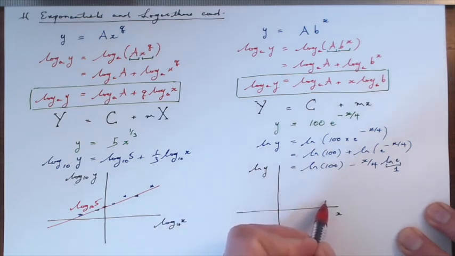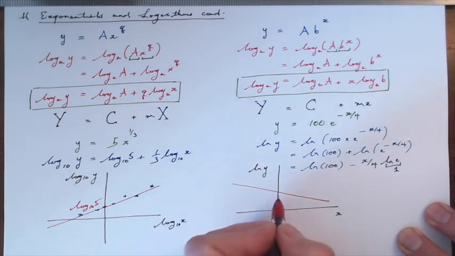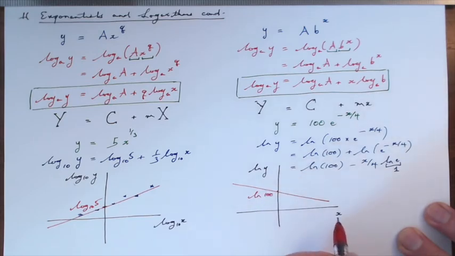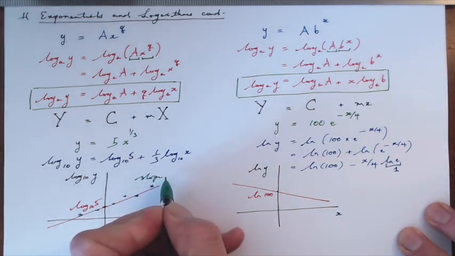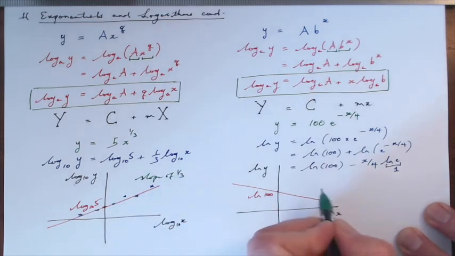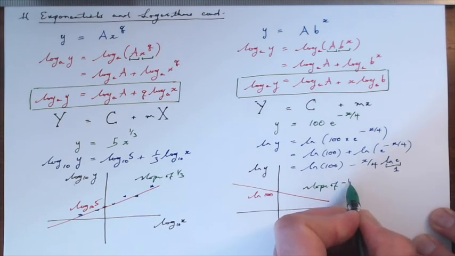Okay, so it looks something like this. And this value here is natural log of 100, and the slope is negative 1/4. I should just indicate that here. This is slope of negative 1/4.